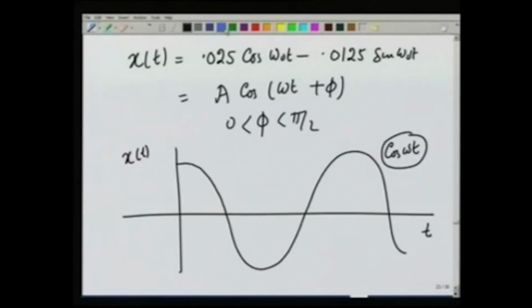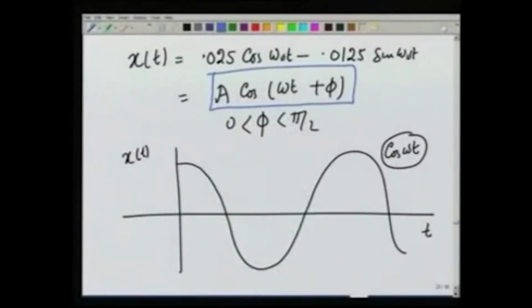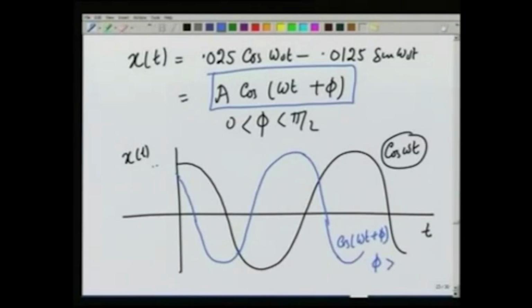The function that I have now is this. It will start somewhere from the back side and go like this. This is cosine of omega t plus phi, with phi greater than 0 but less than pi by 2.